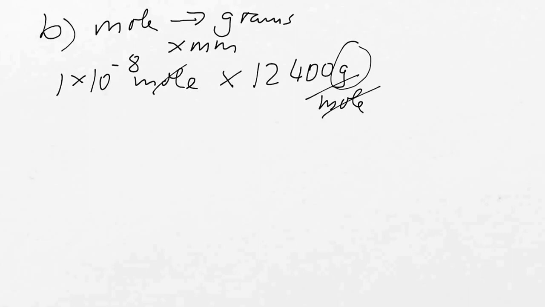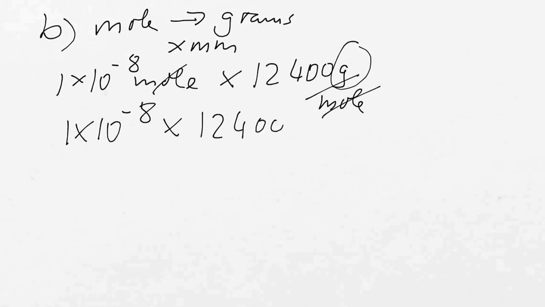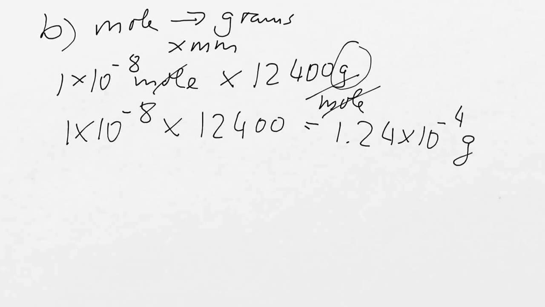So, I have to multiply 1 times 10 to the minus 8 times 12,400, and that gives me, what's that? 1.24 times 10 to the minus 4 grams. Exactly.